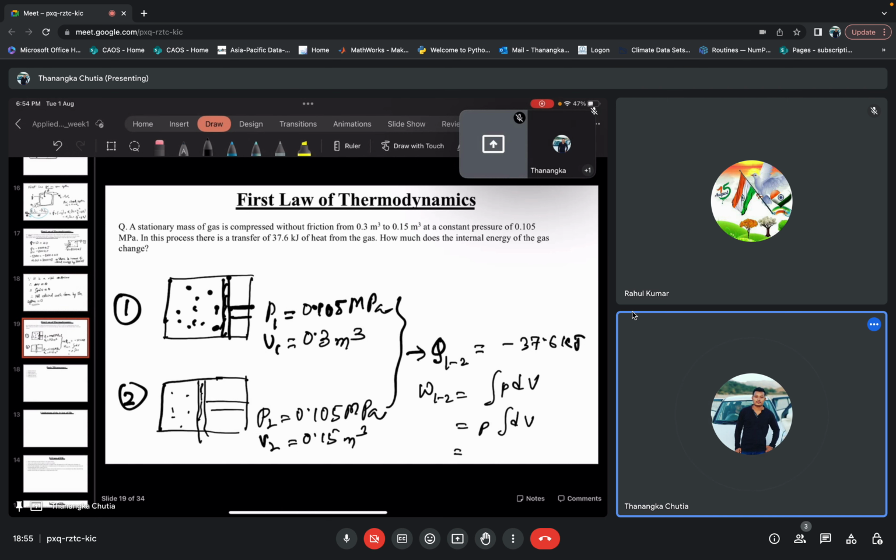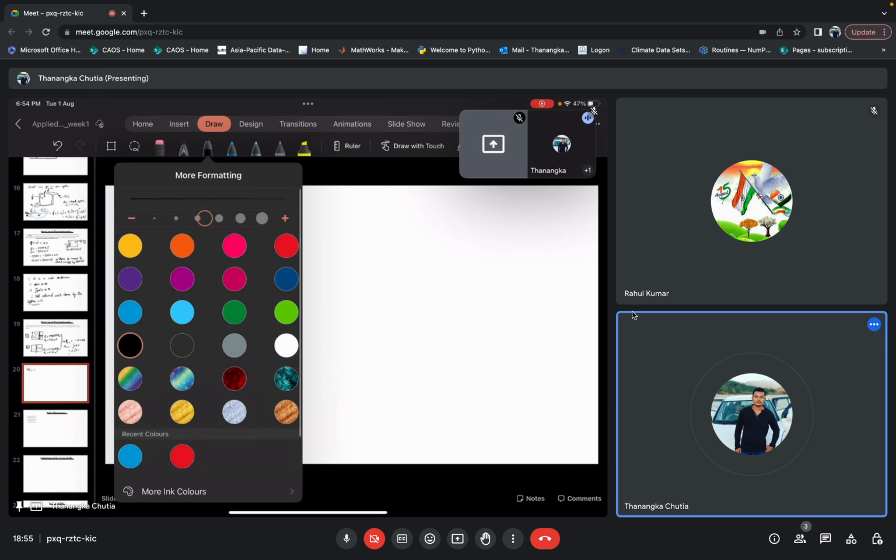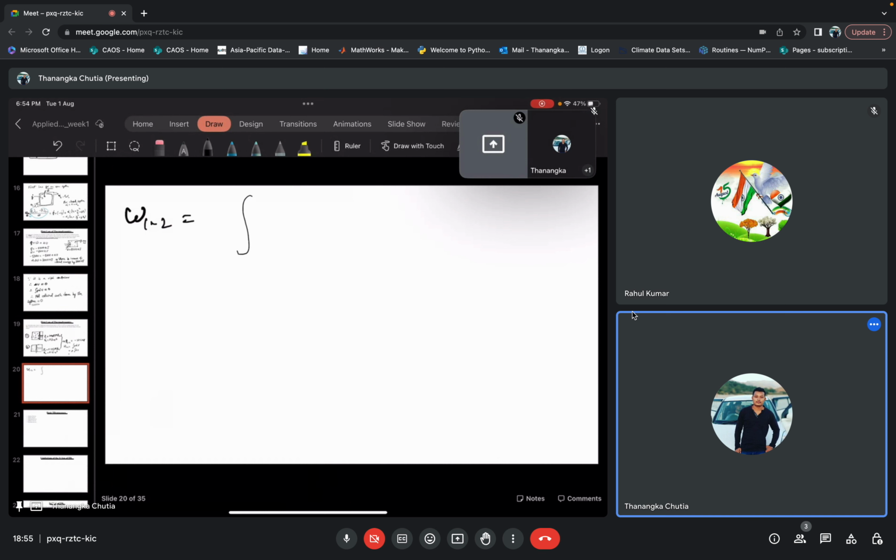P is 0.105 into 10 to the power 3, since this is in megapascal, and the limits are 0.3 to 0.15 for dV.